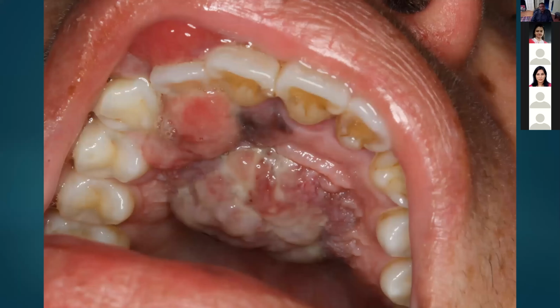The only place where you really see pigment is the very anterior part in the rugae area or the incisive canal area. Patient has a history of smoking. Again, my clinical differential includes a lymphoma or a salivary malignancy or melanoma or squamous cell.